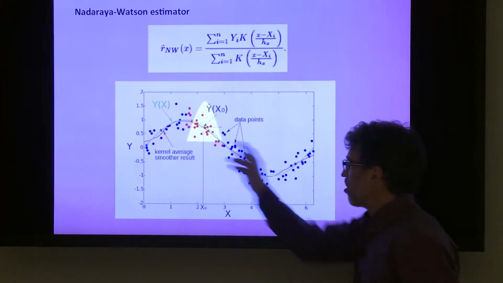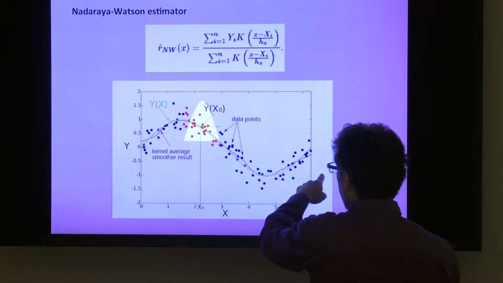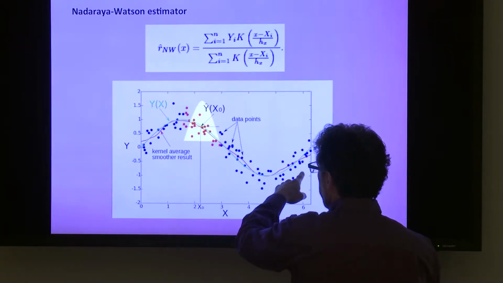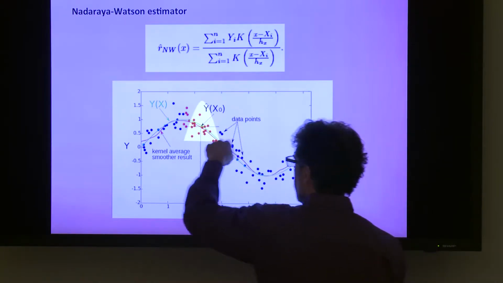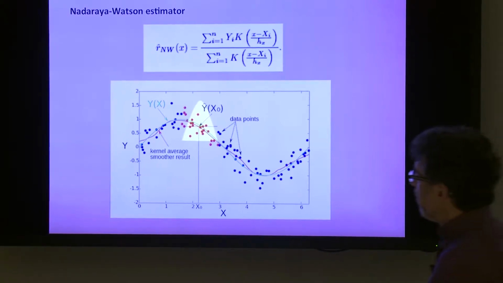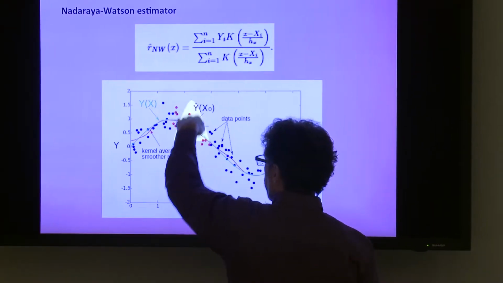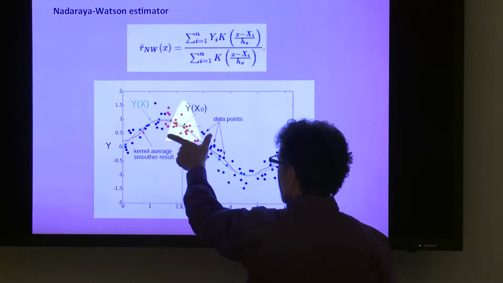Okay. So here it is. Here's a simulation from Wikipedia. The green is the theoretical. It's a sine wave. The blue dots are points that are sampled off a sine wave with some Gaussian noise. Here's an Epanechnikov kernel, a local upside-down parabola. It could be a Gaussian instead if you want.